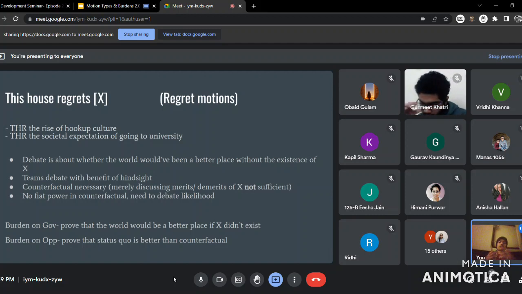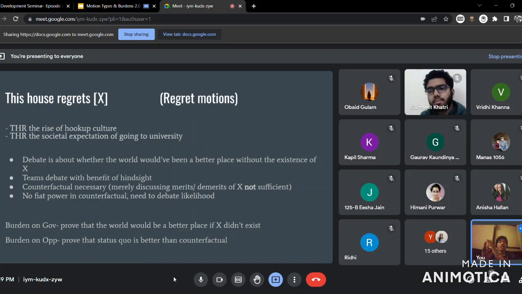If you're opposition, you can't just say that we won't regret something because this thing has XYZ benefits. That's again not enough for you to do. You also need to think about the world without X, what Gov is portraying that to be.